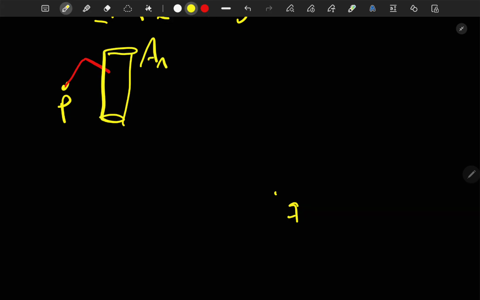Now given P and given Q, by the first lemma we can join P to one point on AR. So this is one disk on AR, say dy.